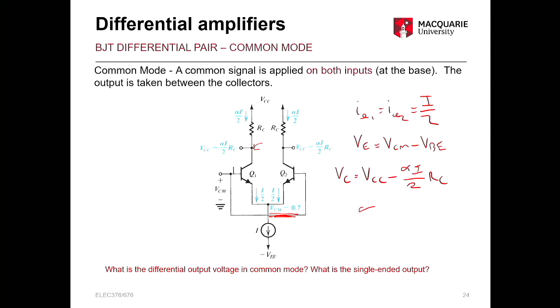Okay, and as we might expect, our V out is going to equal 0, our differential output, because we have the exact same on our V outs for both our collector terminals. So just like with the MOSFETs, common mode signal input, 0 output, assuming we have everything ideal in our circuit.